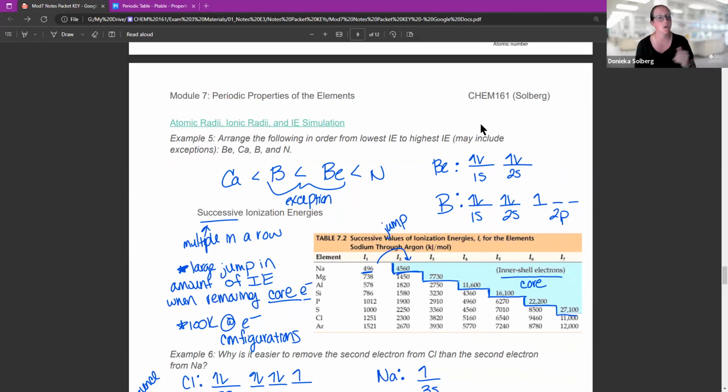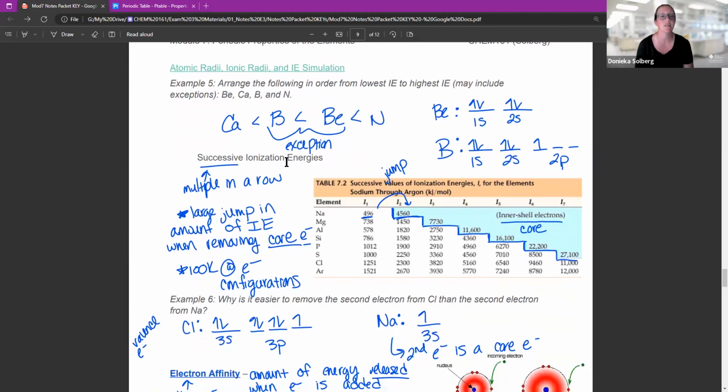Okay, now I'm going to come back to those successive ionization energies, like second ionization energy and third ionization energy. This is when I'm talking about a specific atom. So sodium, for example, that was the one we used as our example before. Sodium requires a specific amount of energy to remove 1 electron, 496 kilojoules.